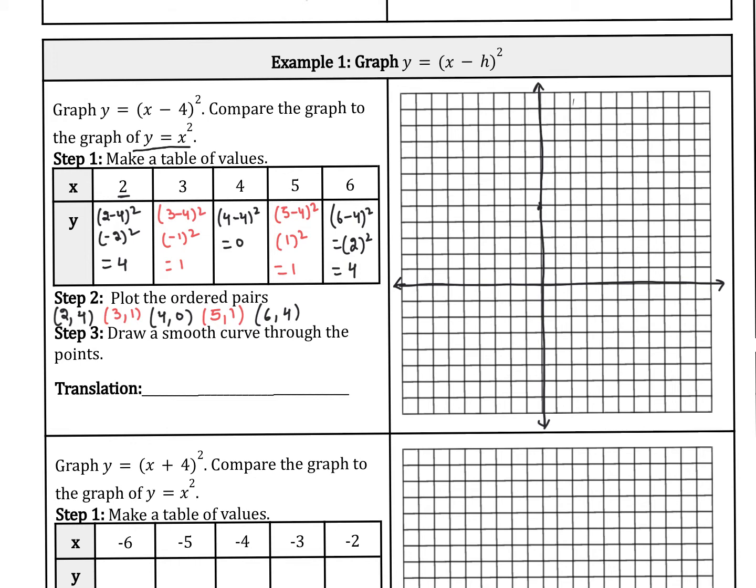For my parent function, I always use the pattern: (0, 0) is my starting point, (1, 1), (2, 4), (3, 9), and so on. Those points are enough to make a good graph, and that's my parent graph y equals x squared.